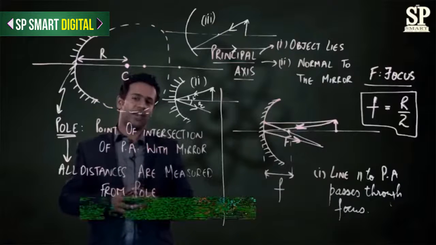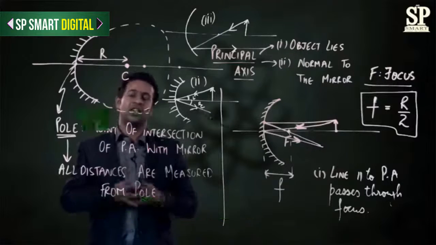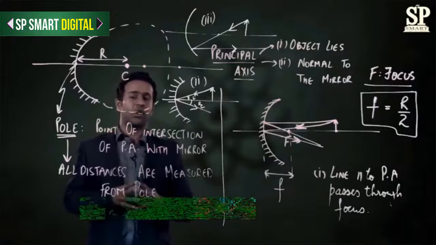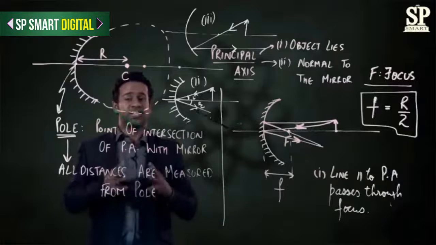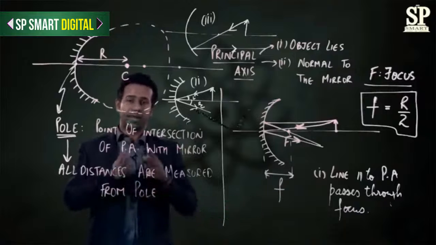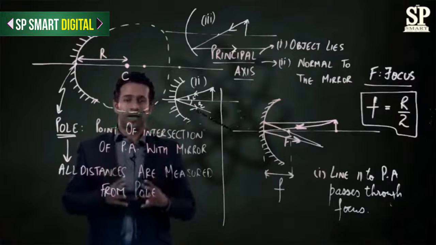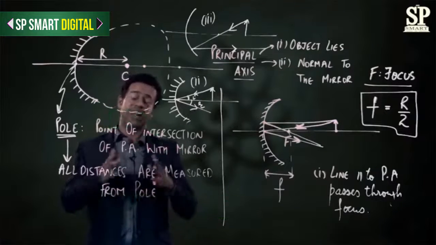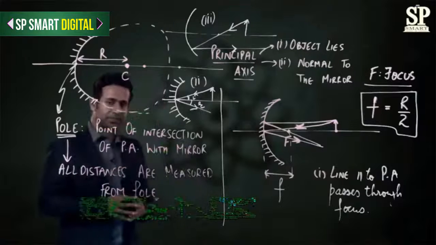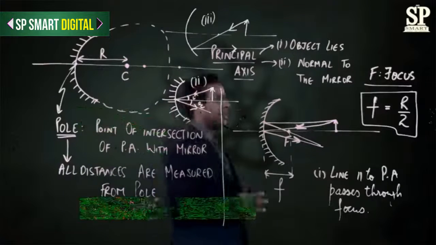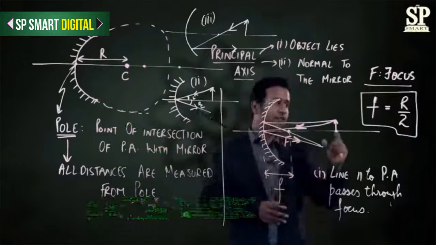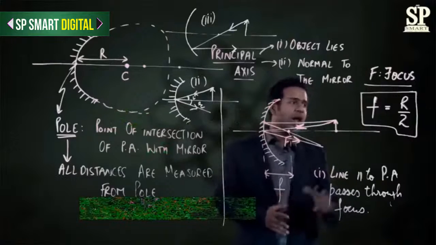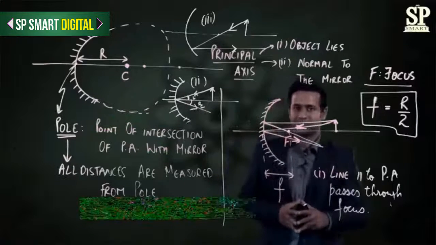The radius of the sphere of which this piece is cut is called the radius of curvature of that mirror. And the center of the sphere of which the mirror has been cut out is called the center of curvature. And we saw that a mirror has a focal length which is equal to half the radius of curvature.